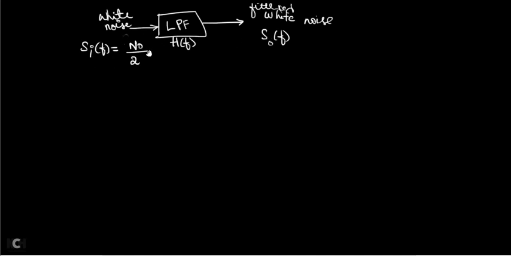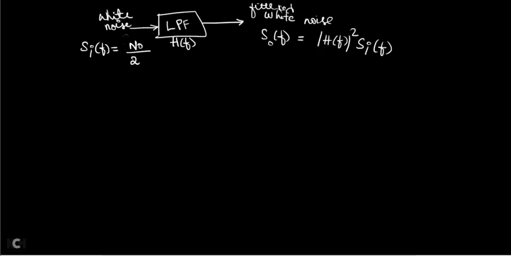So if the input power spectral density is N0 by 2, then the output power spectral density is given by magnitude of H of f whole square into Si of f. This formula you need to remember. Output power spectral density of a filter is given by magnitude H of f square into input power spectral density. You used this formula in white noise also.